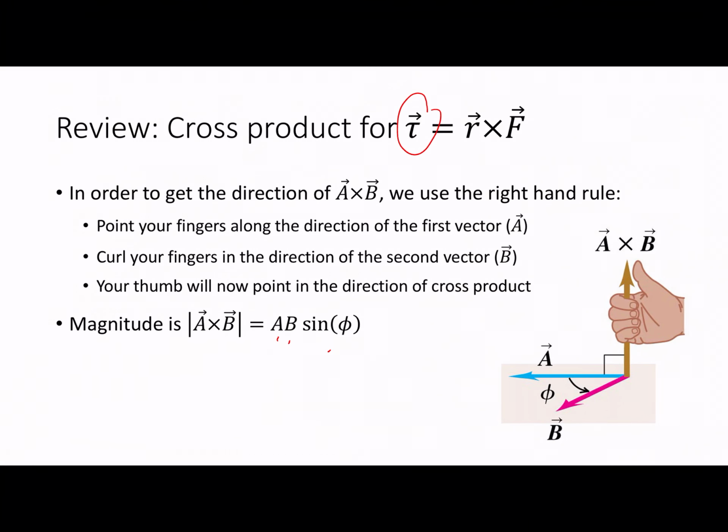So if we go back to our slides here, everyone point your fingers along A, curl them in the direction of B, and your thumb should be pointing, as the thumb in the picture is, straight up, the direction of the cross product. So the cross product is defined by direction, according to this right hand rule, and magnitude, given by this formula AB sine phi.